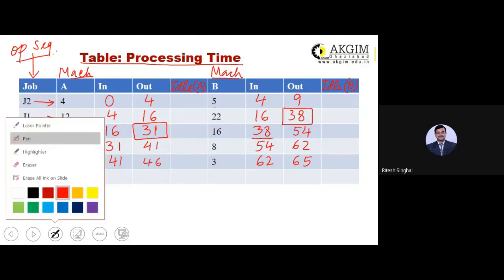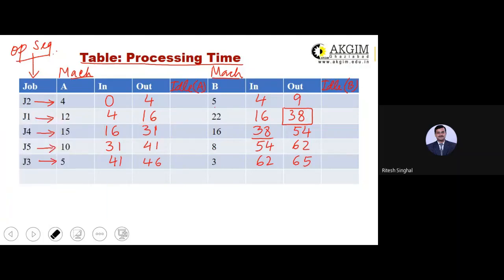So student, you can see here that all the jobs are completed when your clock shows 65 hours. So 65 hours are required to complete all the jobs, and this is the minimum time required to complete all the jobs.